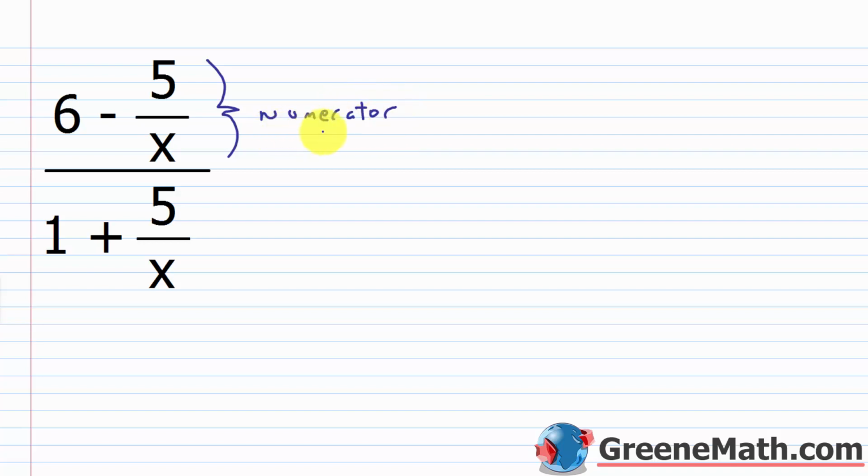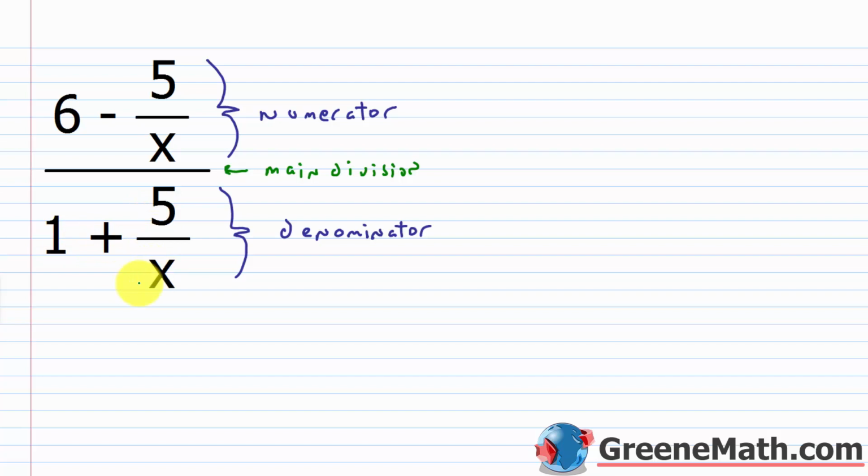So this is our numerator, and this guy down here will be our denominator. So you can think about this part right here, this fraction bar, as our main division. Okay. So we've got our numerator, our 6 minus 5 over x. We've got our main division, or our main fraction bar. And then we've got our denominator, our 1 plus 5 over x.